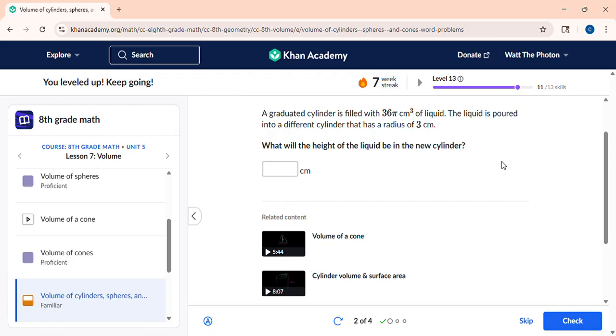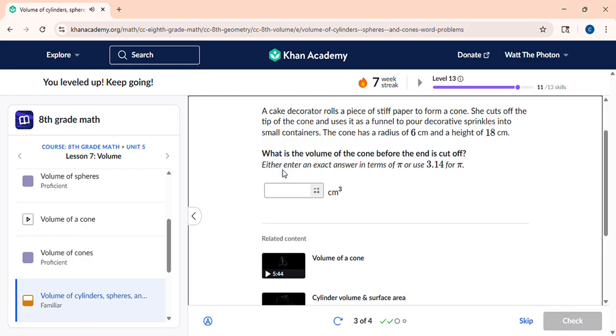And then divide each side by 9 pi. You get 4. It's a different cylinder.